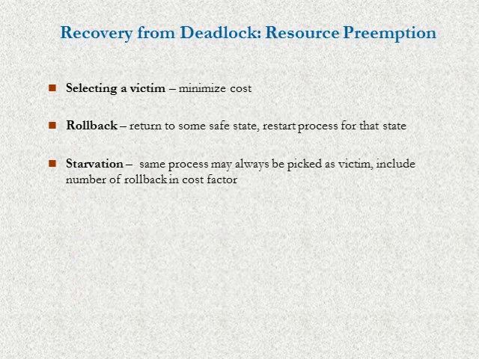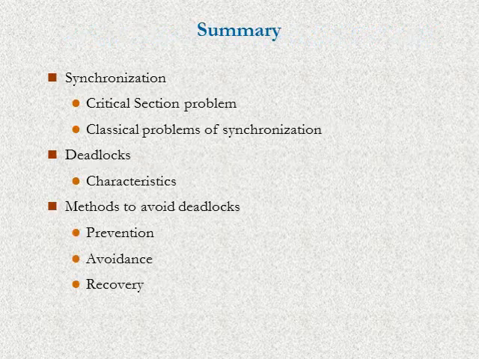So the selection of a process to be terminated is based on the cost that is incurred when we terminate a process. Once the cycle is broken, the system returns to the safe state and we may restart the processes that we just terminated. However, it is also possible that some process is selected as a victim multiple times, which may lead to starvation.